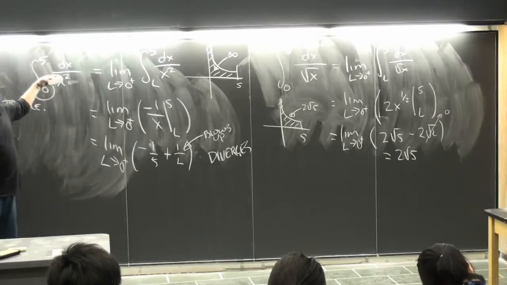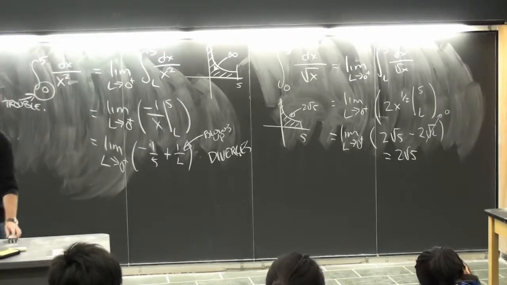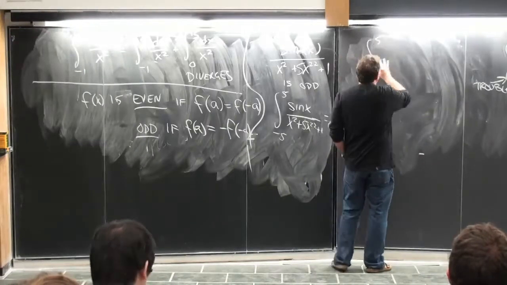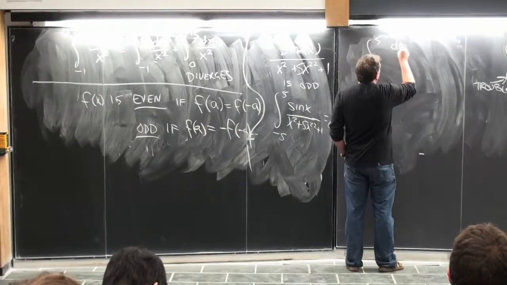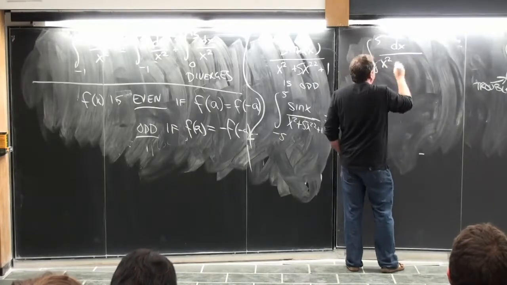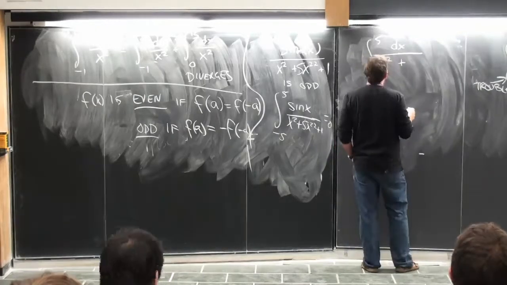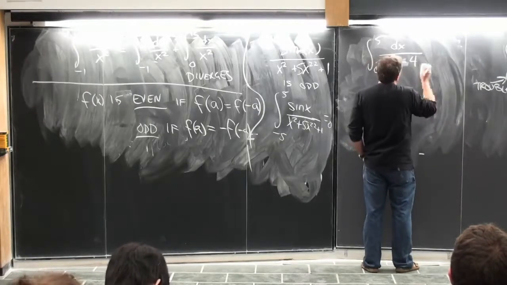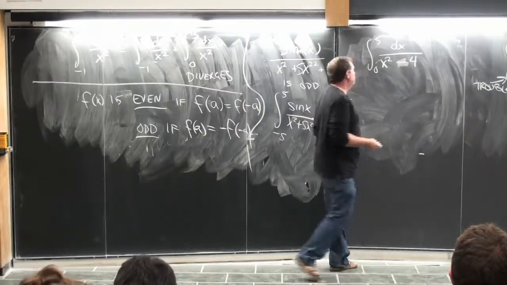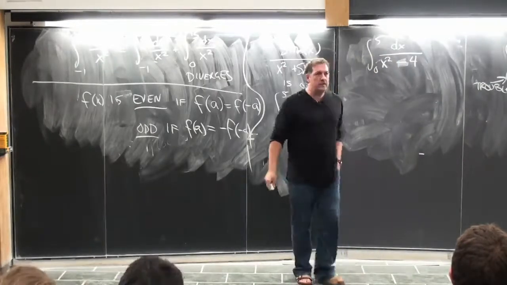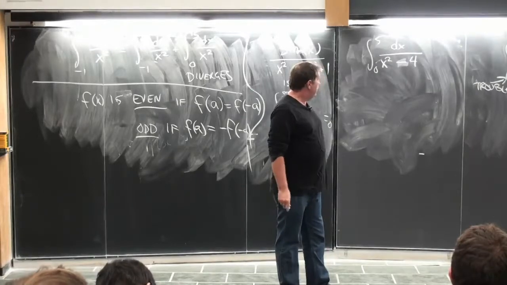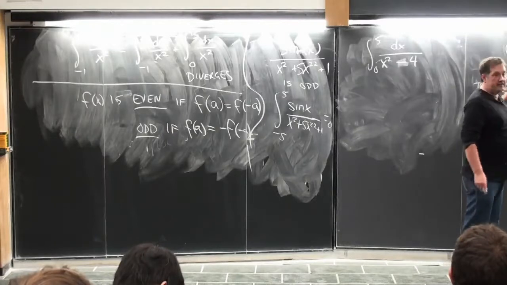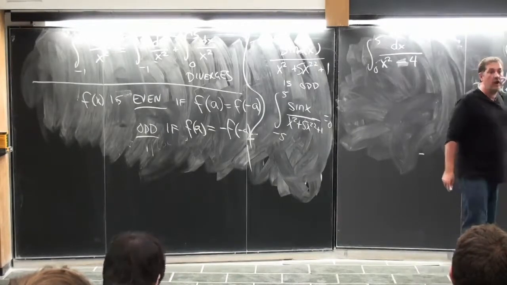If I have something that's bigger than this, so if I have something like the integral from 0 to 5 of dx over x squared plus, I want it bigger, minus 4. In fact, that's good enough. So if I look at this one, I can say, well, you know what, this looks a whole lot like that. And I know that diverges. But what does a whole lot mean?